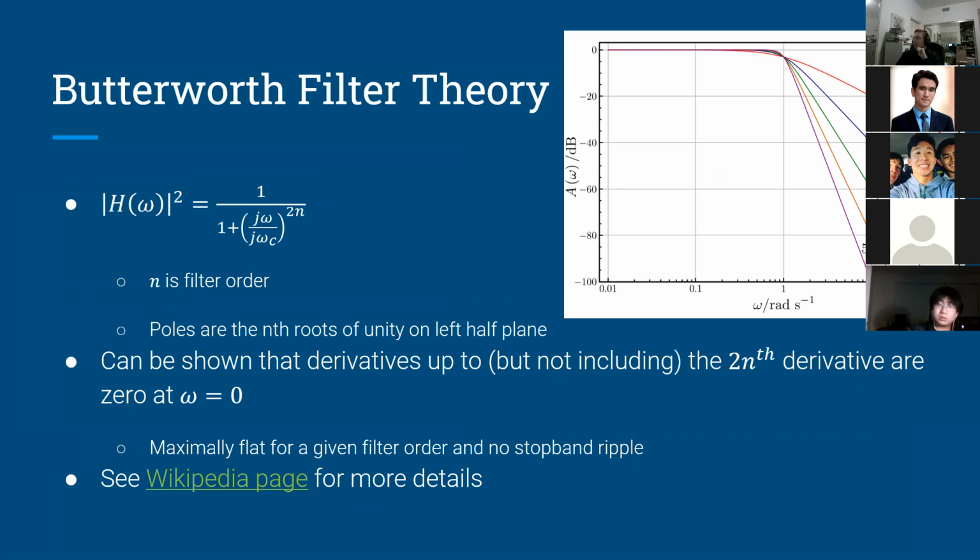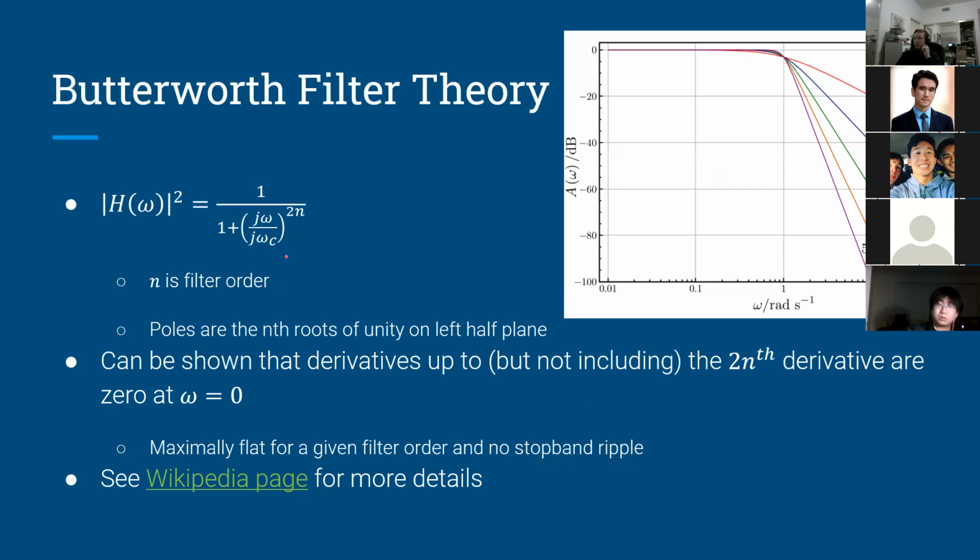You can see that at 10, it's at -20, at 100, it's at -40. So that's 20 dB per decade. Then a second order filter drops off by 40 dB per decade, and so on. You get 60, 80, and then 100 dB per decade. As you keep increasing the filter order, it'll get sharper and sharper.